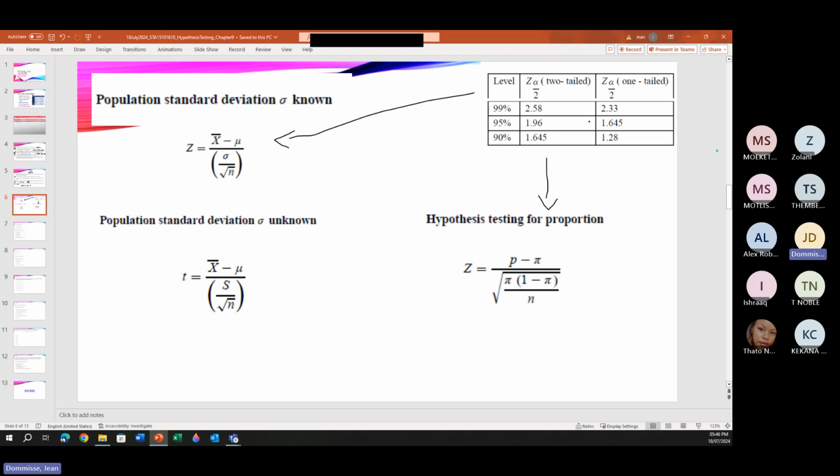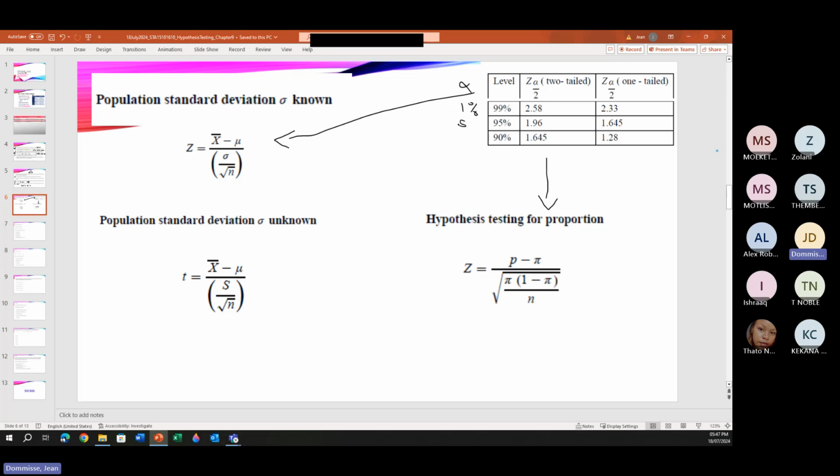So if we work with an alpha of 1%, we can say a Z of a two-tail is 2.58. A Z that's a one-tail is 2.33.